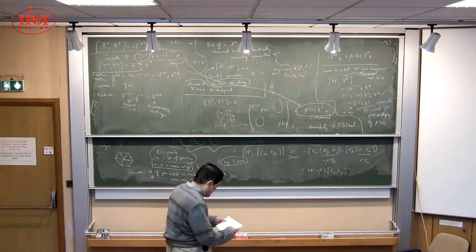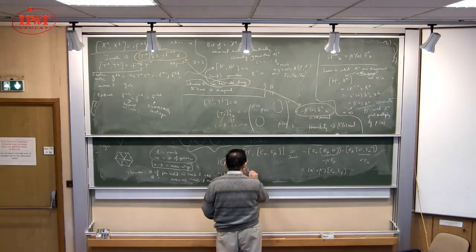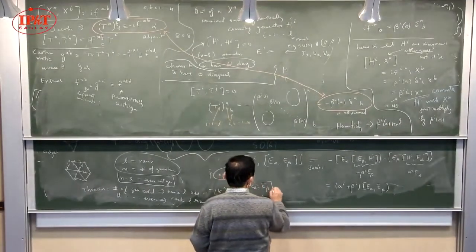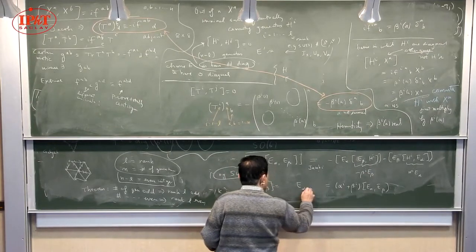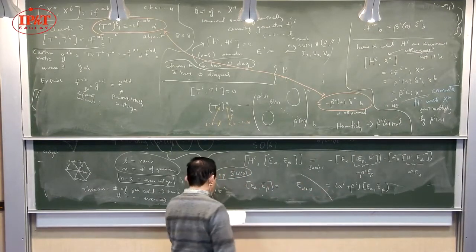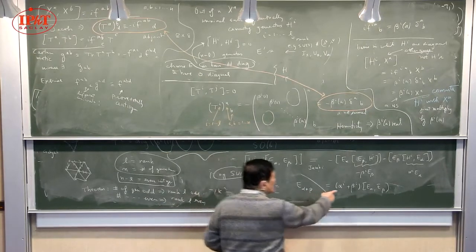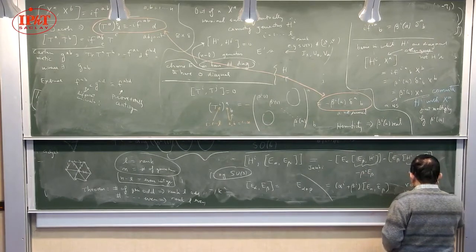Okay? So therefore, the commutator of E alpha, E beta is proportional to E alpha plus beta. So just add the root vectors. Root vectors add. What we've shown here is just that root vectors add.